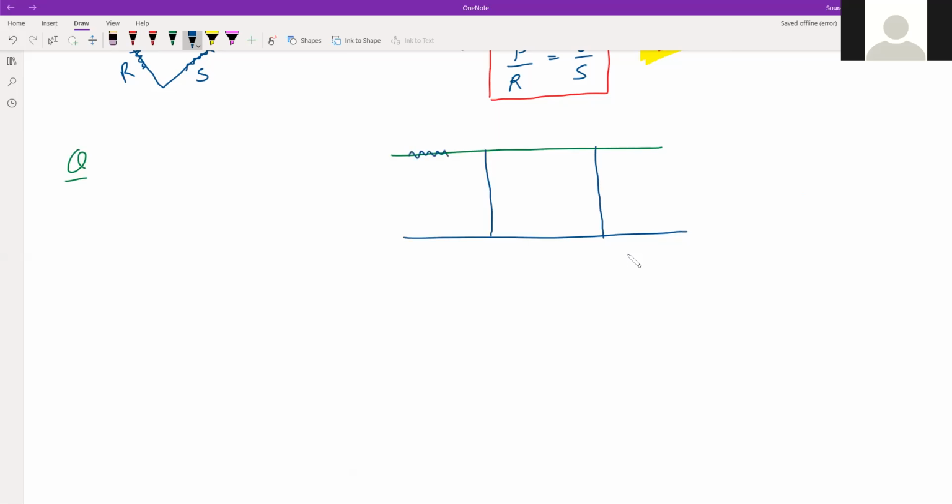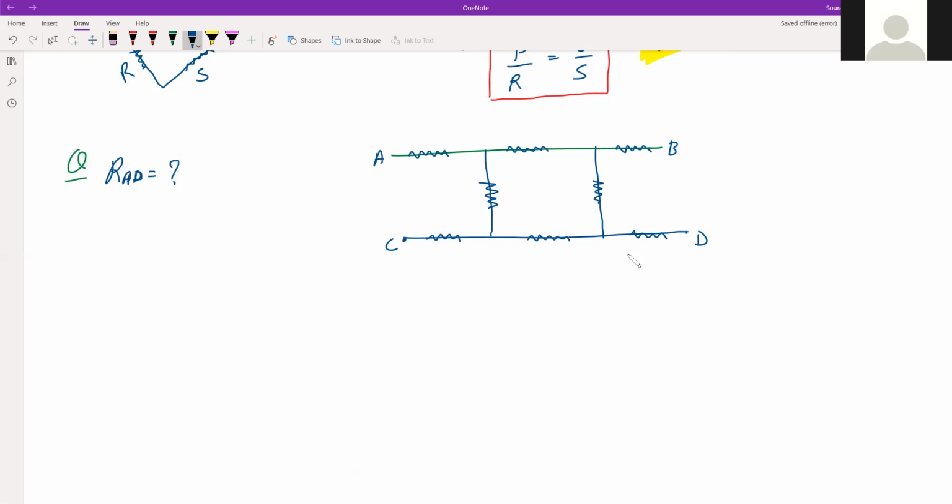On all these sections, there are some resistors. And the points are given: this is A, this endpoint is B, this starting point is C, this endpoint is D. We have to find RAD, that is, between A and D, what is the total resistance.